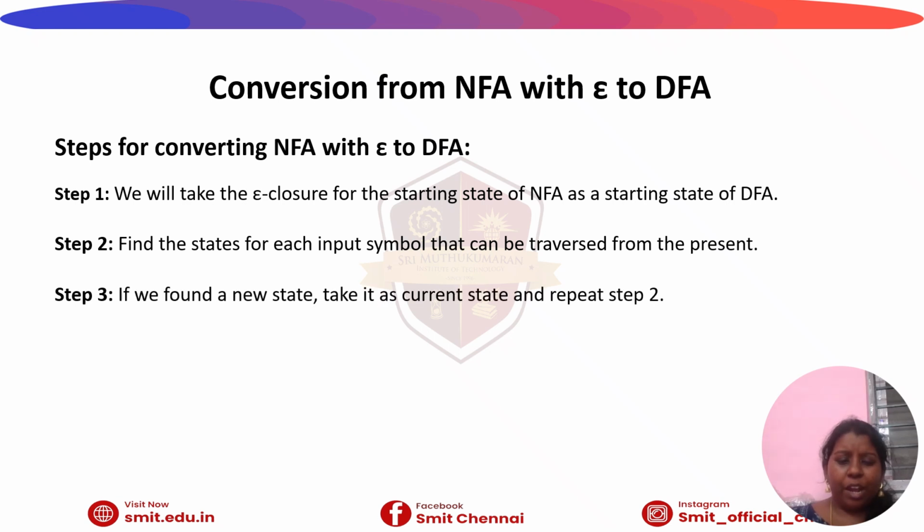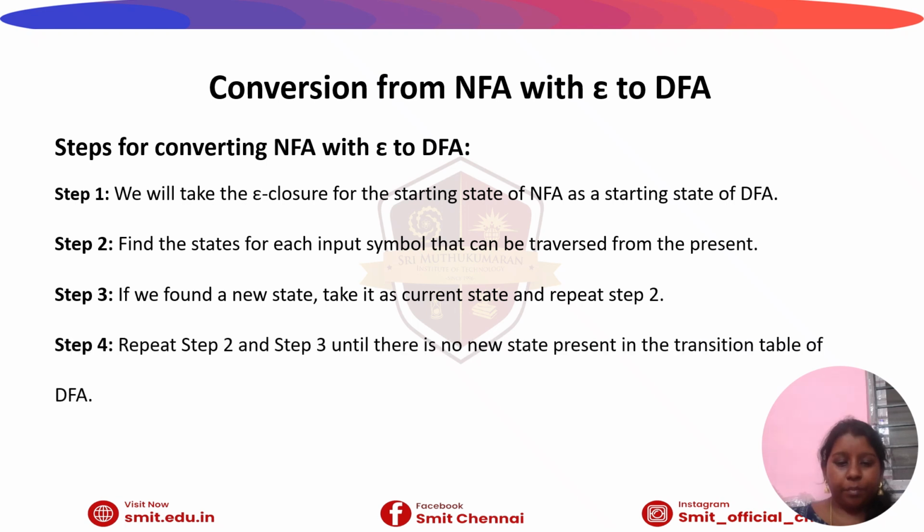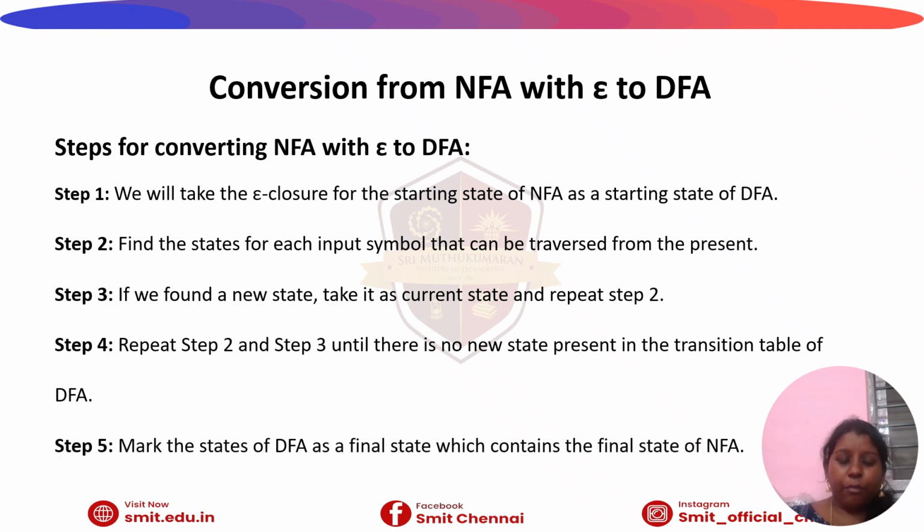Next, if we find any new state, we perform step 2, which is nothing but we'll find the transitions of the present state. Next, we'll keep on continuing steps 2 and 3 for the new state until we do not find any new state. Next, we finalize the DFA and for that DFA, we'll draw the diagram.